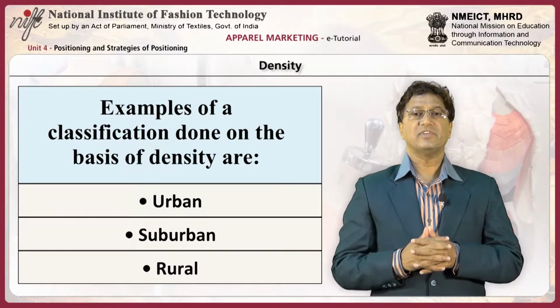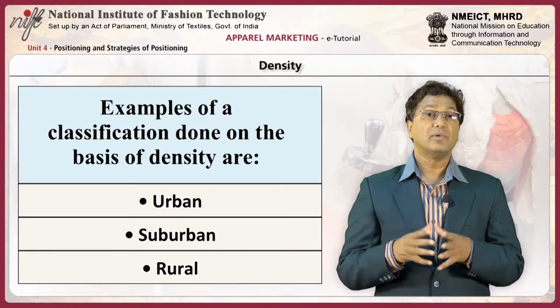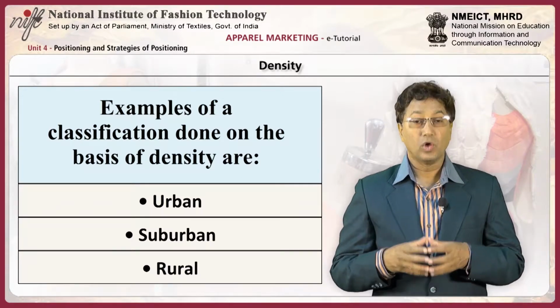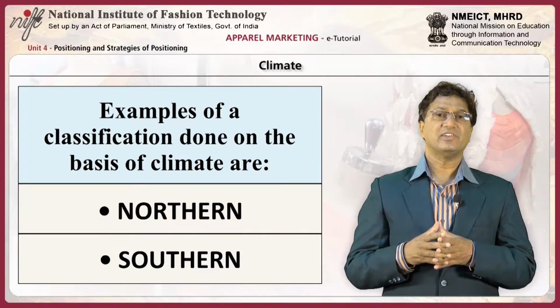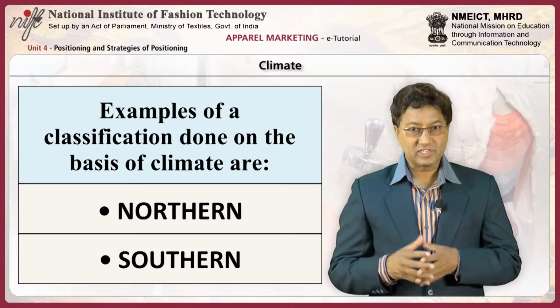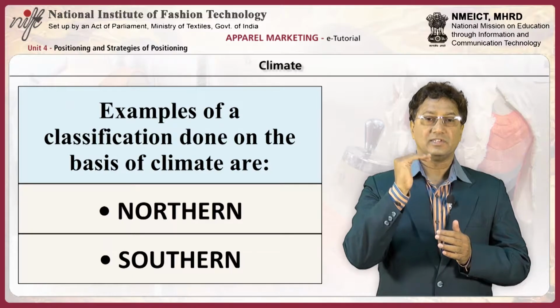Examples on the basis of density are urban, suburban, rural. The examples on the basis of climate are northern, southern, etc.